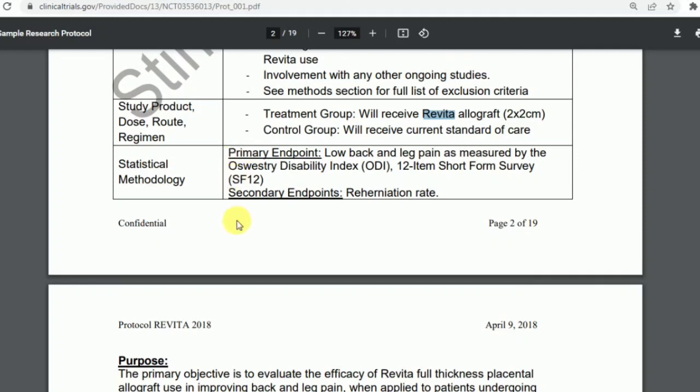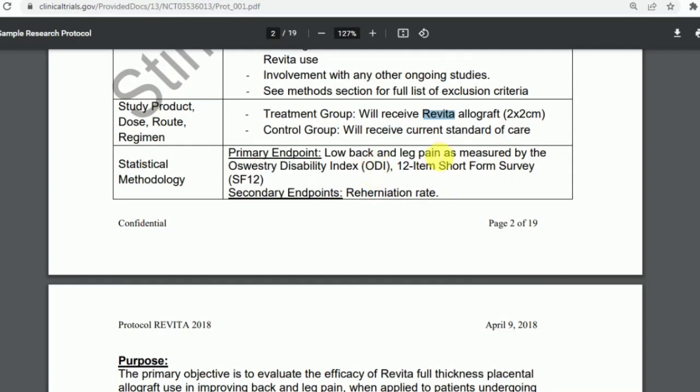So in this study or in this protocol, what is the primary endpoint? The primary endpoint is low back and leg pain as measured by the Oswestry Disability Index. This is a method which is used to measure low back and leg pain, along with a 12 item short form survey. So the survey and this ODI method will be used in this trial to measure low back and leg pain.